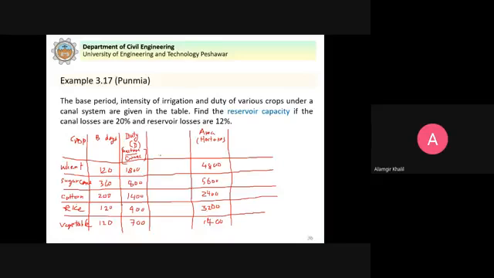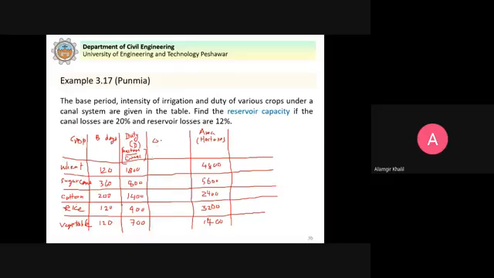Now what we can do is that here we can calculate the delta. We want to calculate the reservoir capacity, the total volume of water that is required.